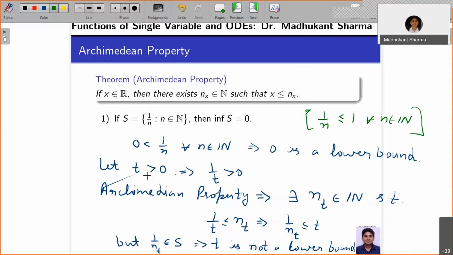So if you choose t greater than 1, there's nothing to prove, because every member is sitting on the left of it, so t is not a lower bound.